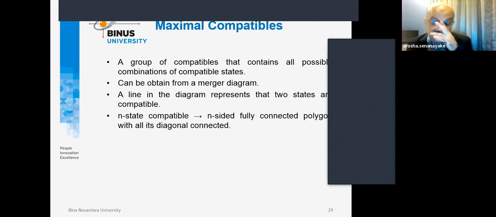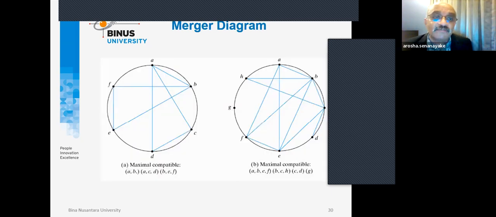Only then can we consider it an n-state compatible. So if you look at it, how do you identify polygons out of these connected lines?